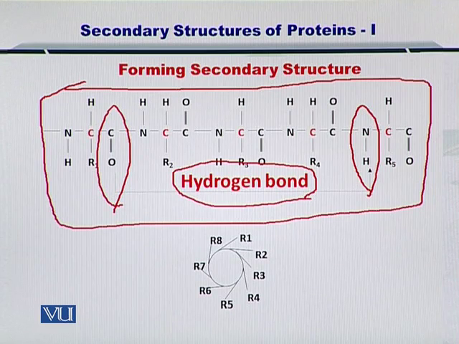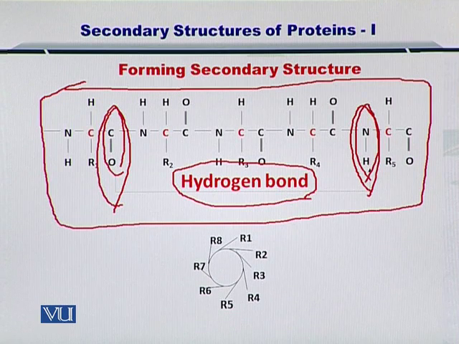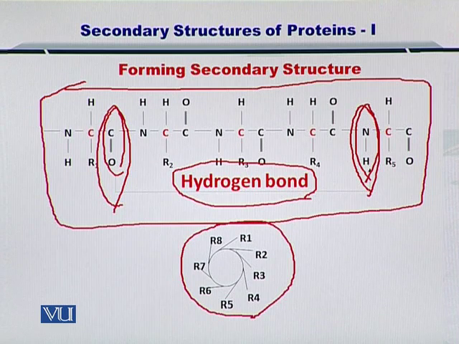In this example in front of you, an alpha helix substructure, or secondary structure, is being formed. Once this C-terminus binds with this N-terminus, and this process repeats for every fourth C and N-terminus, it can form an alpha helix, or simply something like this.